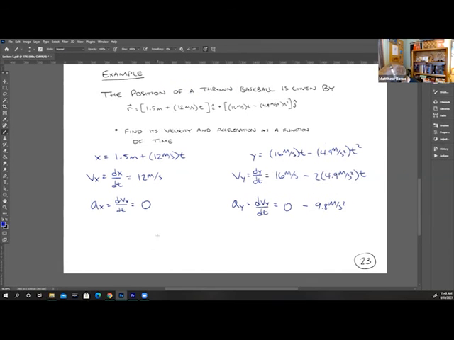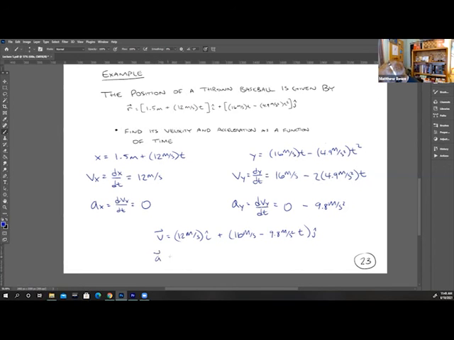So the velocity will be 12 meters per second in the horizontal direction plus 16 meters per second minus 9.8 meters per second squared times t in the vertical direction.